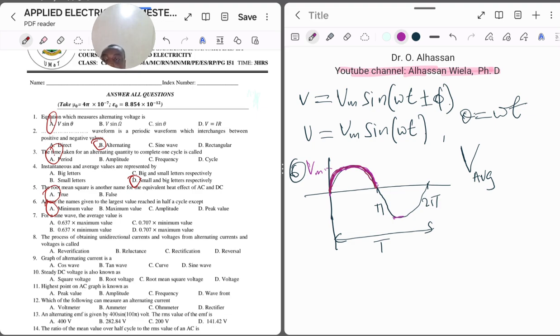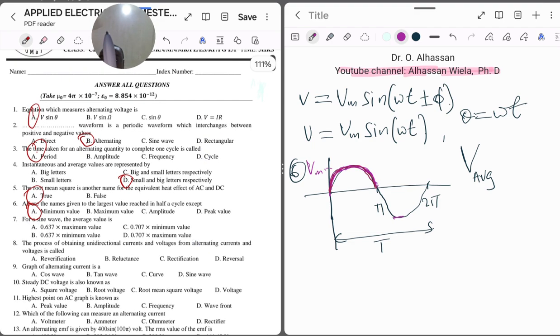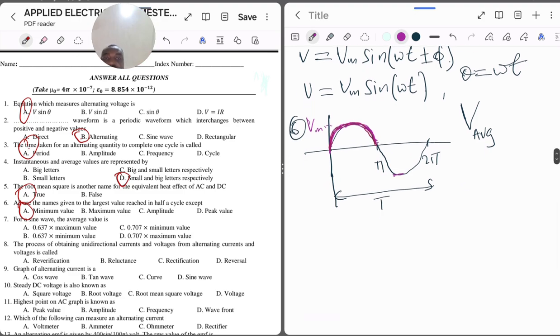Now moving to question 7. For a sine wave, the average value is, so average value, this is just to see whether we know the formula for average value. I wrote the formula the last time.